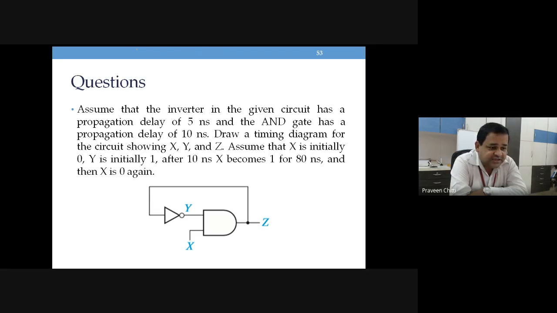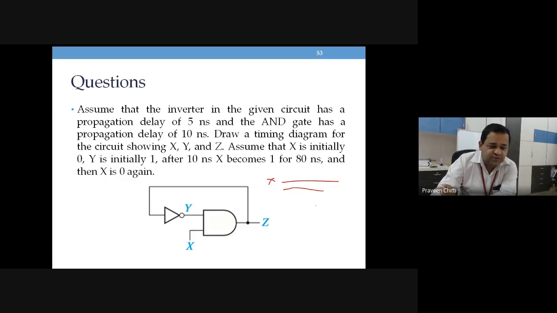After 10 nanoseconds, X becomes 1. For 80 nanoseconds, X remains 1, and then X will go to 0. For this case, you have to draw the timing diagram, right? Initially X is 0 and Y is 1.